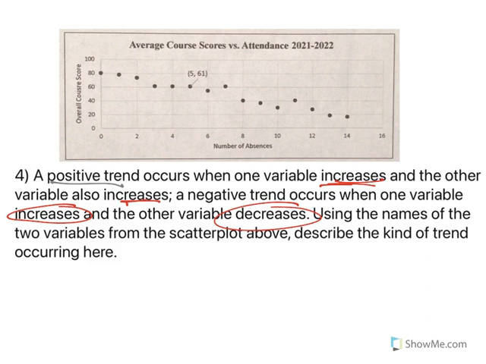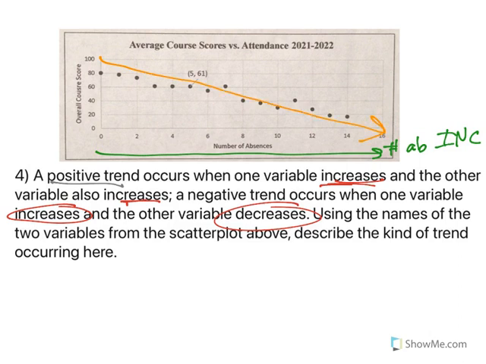Using the names of the 2 variables from the scatter plot, describe the kind of trend. Let's look at each piece. When we look at the dots, as we go from left to right, the number of absences increases. And if we go from left to right, what do you notice about the scores? They go down.